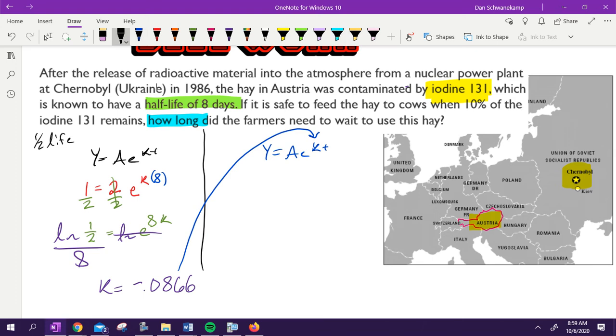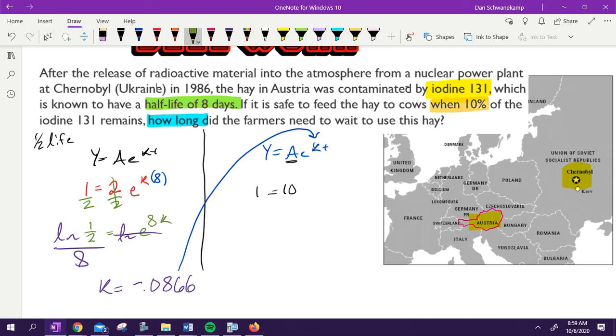We need to come up with some starting amount. What starting amount would be an easy number to use here, Kara? Yeah, that's fine. 1 and 0.1, or you could say, hey, I start with 10 and I'm going to do 10%. It'd be 1. Either way, when I divide, it's going to get me 0.1 because I want to get 10%. That's the ultimate goal here, is to get 10%.